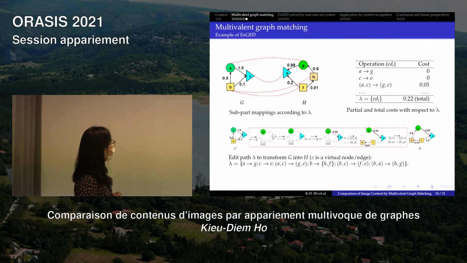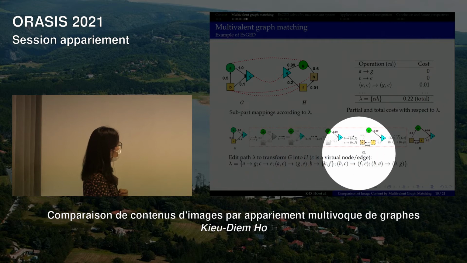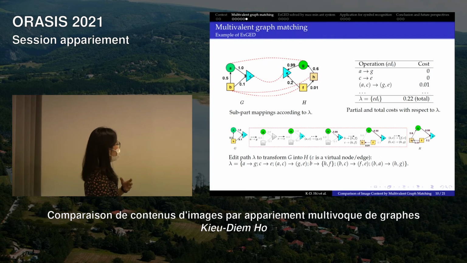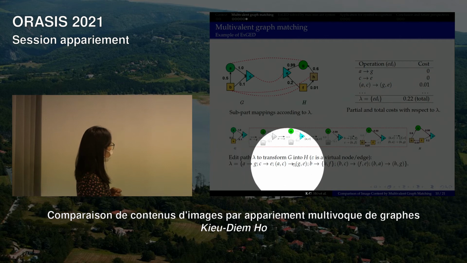And here I give one example. So, for example, I want to transform the graph G here into the graph H here, and there may exist a lot of edit paths that can transform G to H. Here I give one example with the edit path lambda, like here.